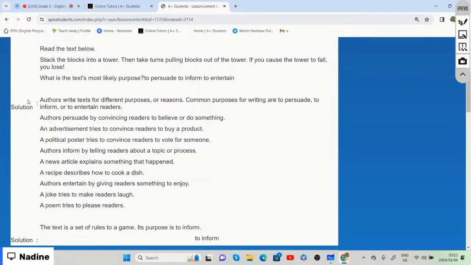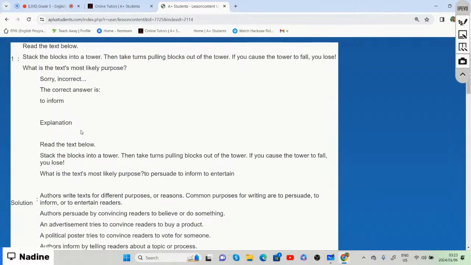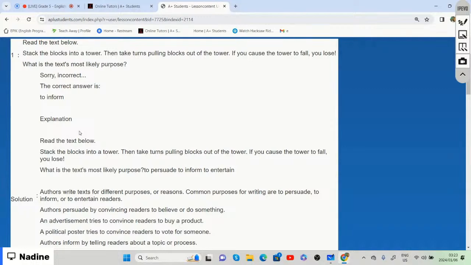Authors try to please readers, and that is why we have rhyming words, right? And even the type of wording that they use within the poems. All right. So now we're going to read the text below and then we're going to say what we think the purpose is of that poem or of the text.